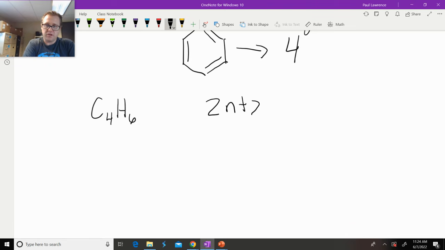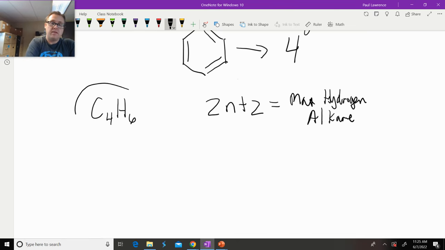2n plus 2. That formula is going to tell us the maximum amount of hydrogens that could be in a molecule. Actually, not a molecule, an alkane. Okay. N here stands for how many carbons there are.